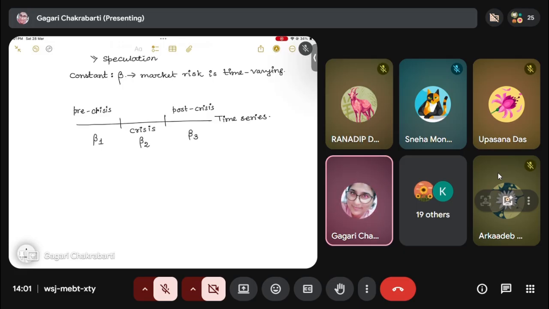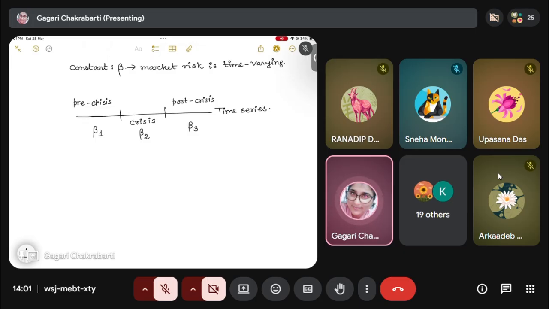What do you think? আমার প্রশ্নটা বুঝেছো? So you have a time series, you have faced a crisis, so accordingly you have demarcated 3 phases: pre-crisis, crisis and post-crisis.